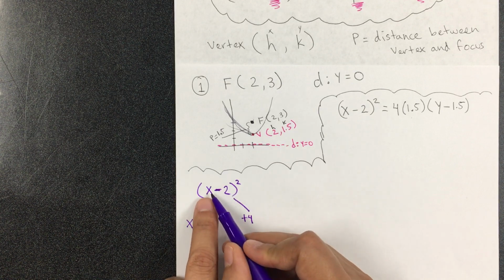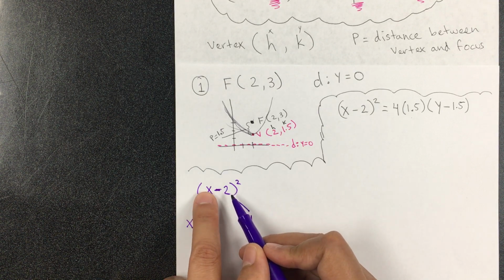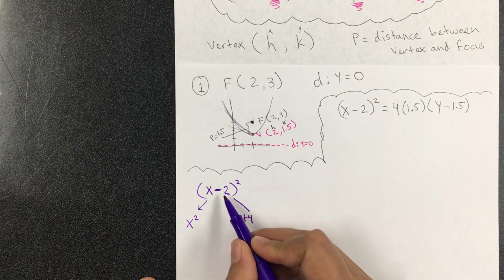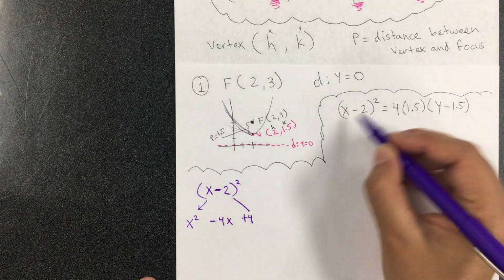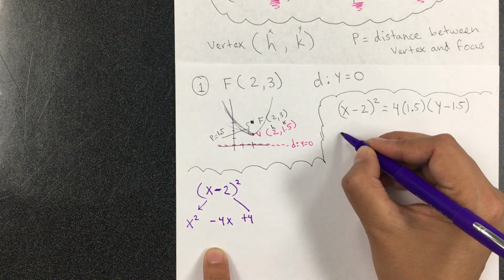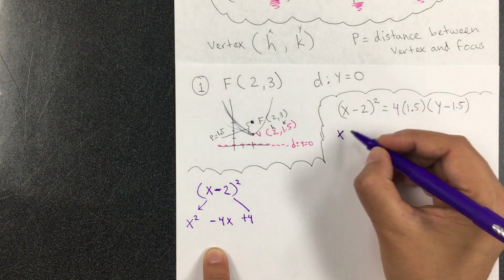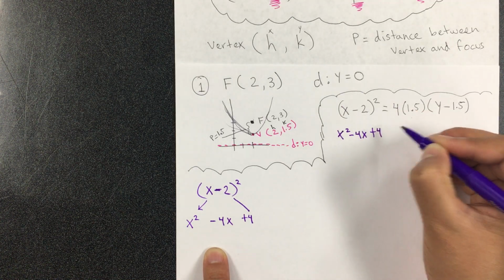And then we multiply a times b, which is x times negative 2, is negative 2x. Double that is negative 4x. So that's going to be replaced in here. And we have to do that on the side, actually. So the answer for (x minus 2) to the second power is x squared minus 4x plus 4.